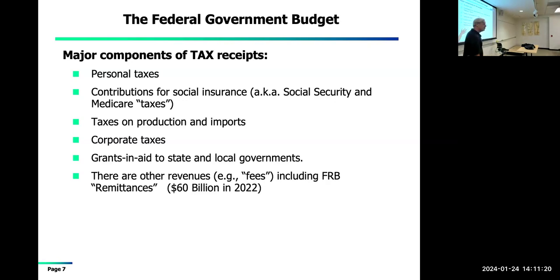Corporate taxes, this is what was lowered by a lot in the 2018 tax bill during the Trump administration. And grants, and this shouldn't be here. And there are other revenues, fees, remittances. You go to a park, they pay for that. It's relatively minor stuff. The big ones are really the first two plus corporate taxes.